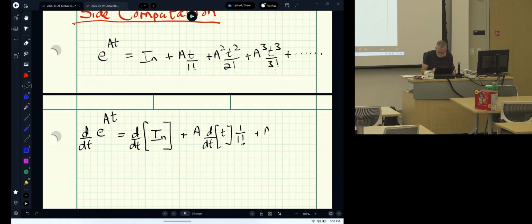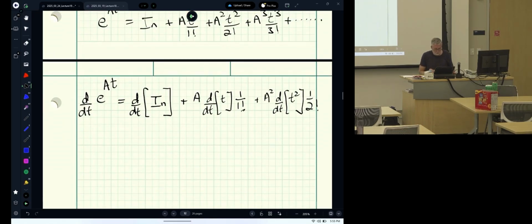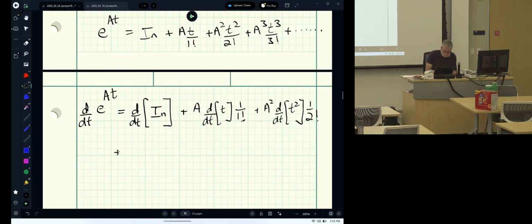I'm treating the matrices as constants because they just have constants in them, and I'm differentiating the things that depend upon t.